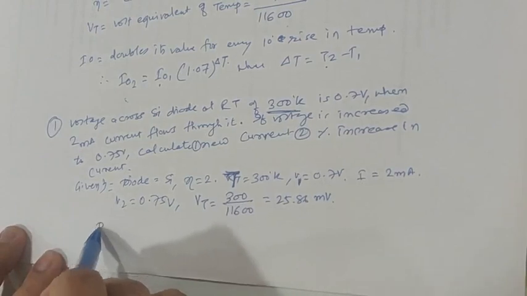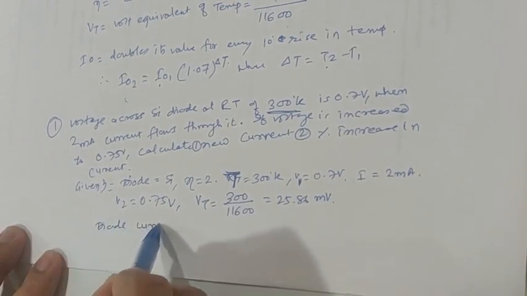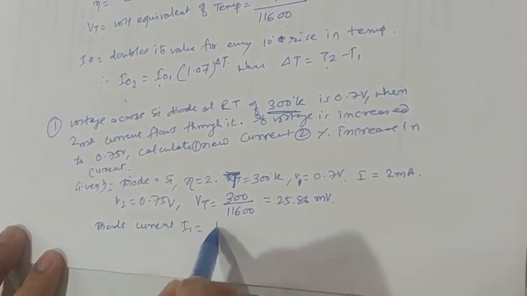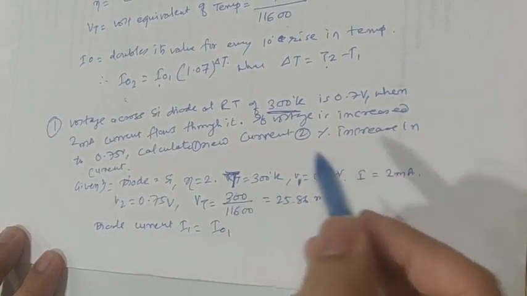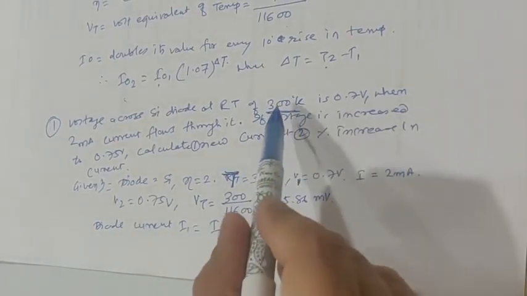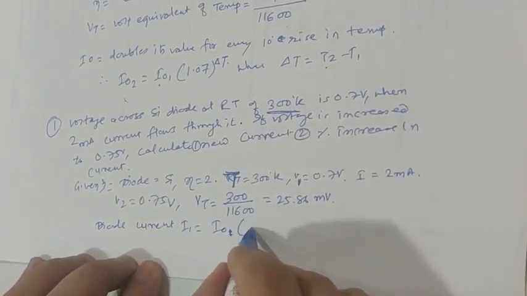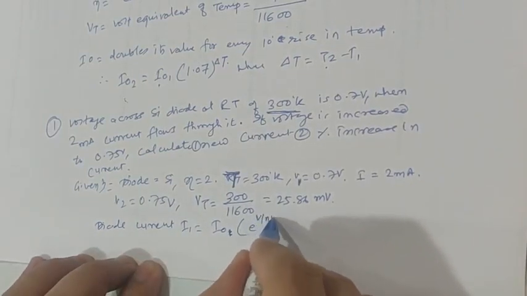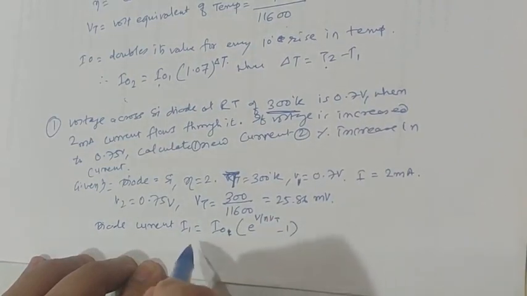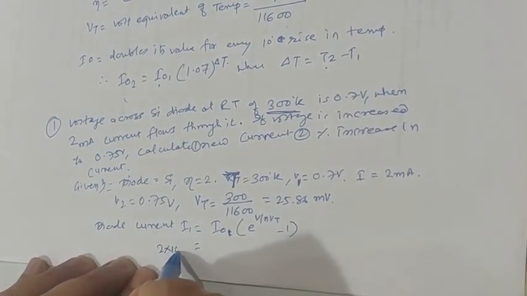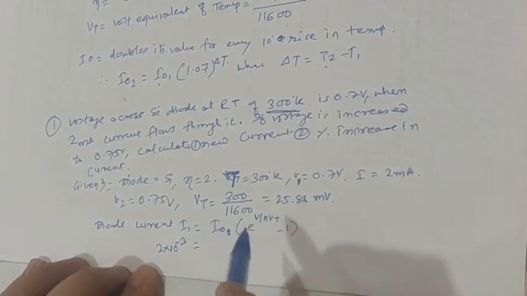So we'll write diode current I1 is equal to I01, and I01 and I02 is constant. Why? Because the temperature is not changing. So I will write only I0 into e to the power V upon eta Vt minus 1. Let me put the value. It is 2 milliampere, so 2 into 10 to the power minus 3.